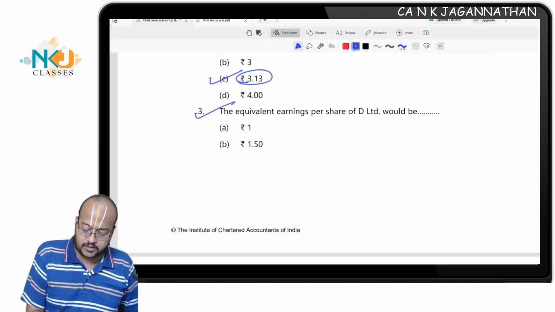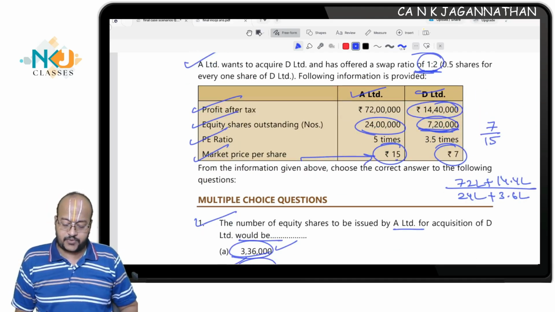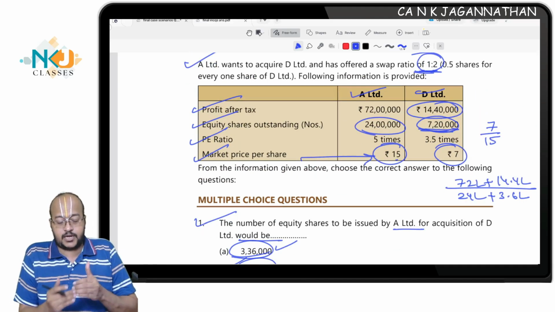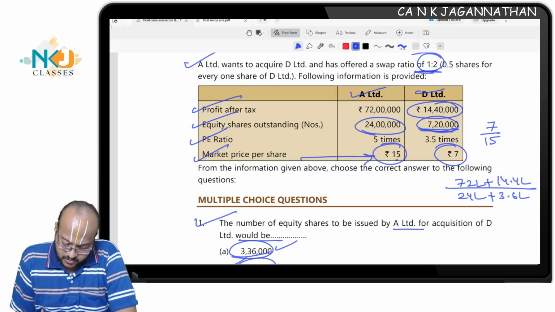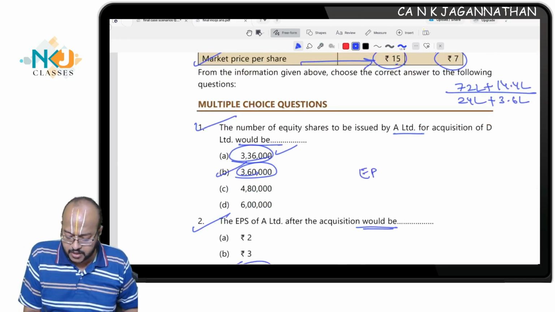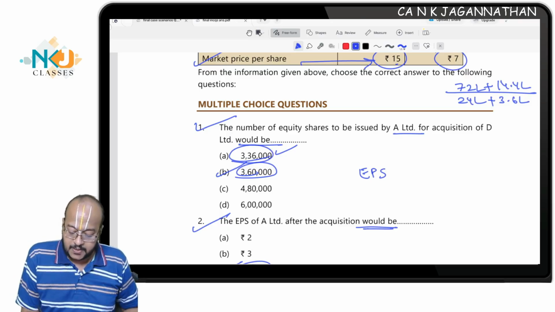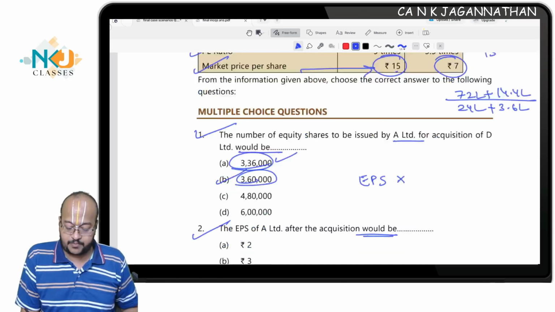Next, the equivalent earnings per share of D Limited would be, see, earnings per share of D Limited. Now, after the merger, what is the earnings per share of D Limited? Very simple here. What is the formula for EPS after merger? EPS of the merged entity into the swap ratio.